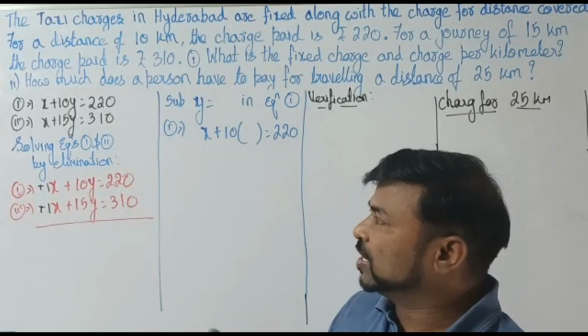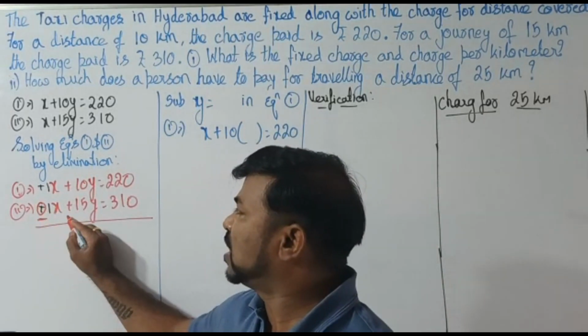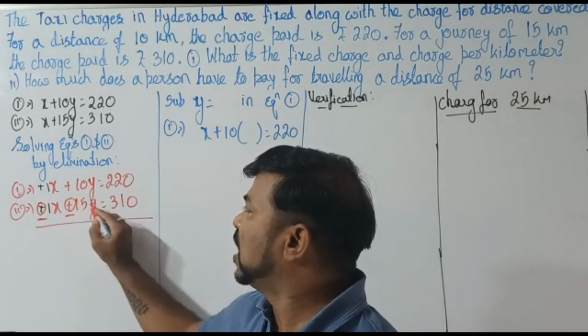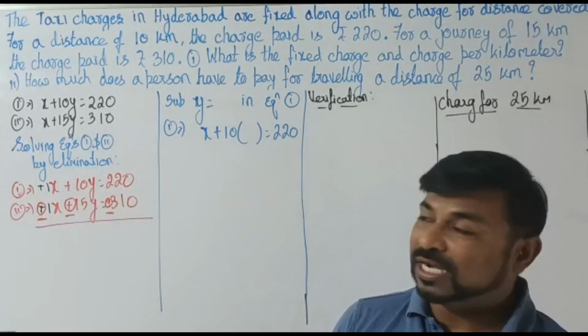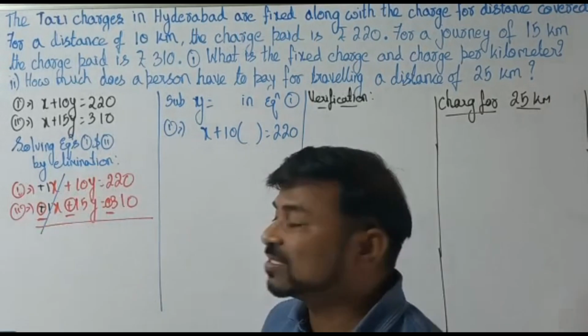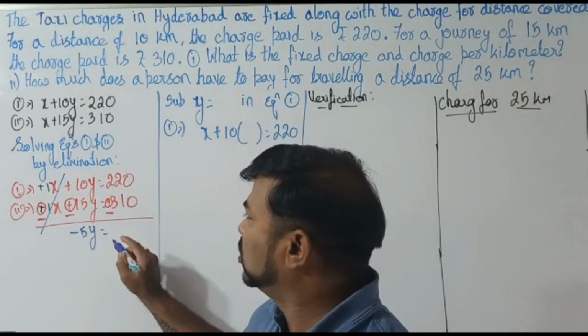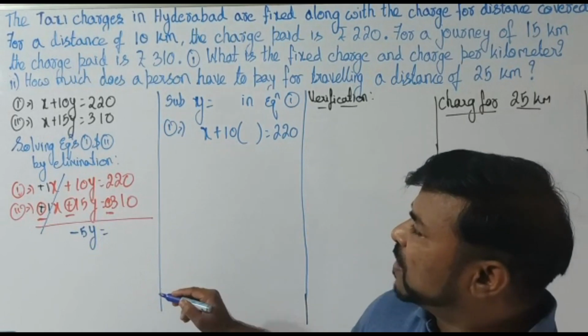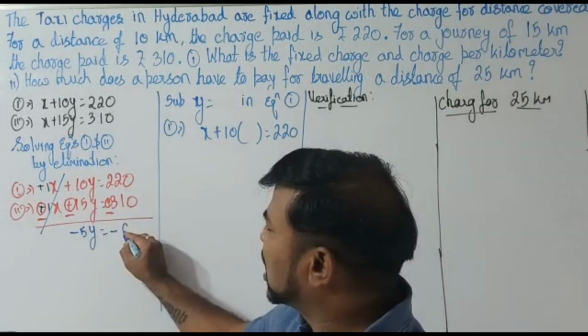So what I'm doing, I have circled it and changed it to minus here, and here also, as it is plus, I am taking it as a minus. Straight away, if you check, we can cancel this. So it's minus 5y equals, the bigger one is minus, it's 90.